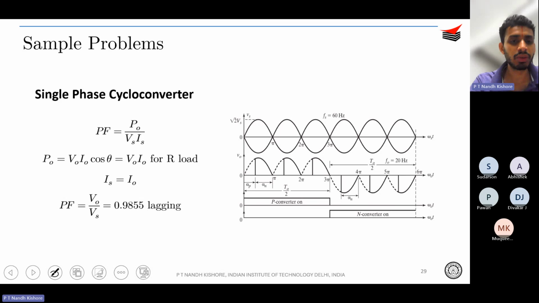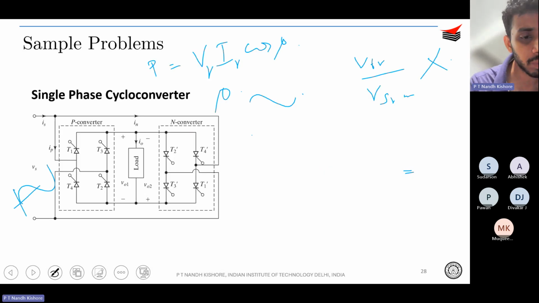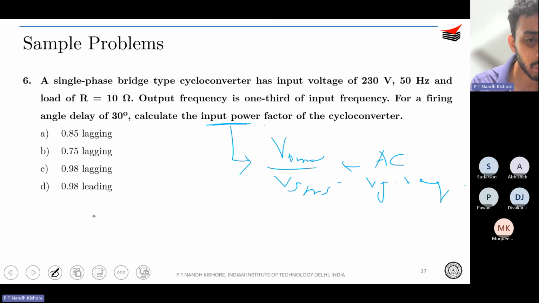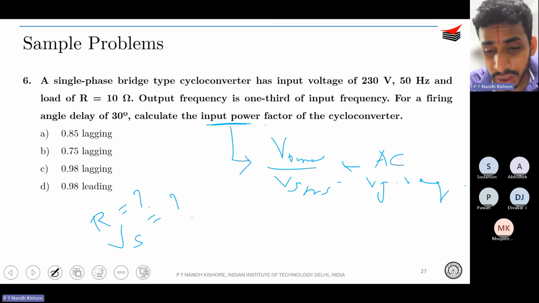Correct. So the idea is first you compute your unknown values. For example, over here, you don't know what is your IS, correct? So you know what is your R. This is known. And what is your VS? This is also known.